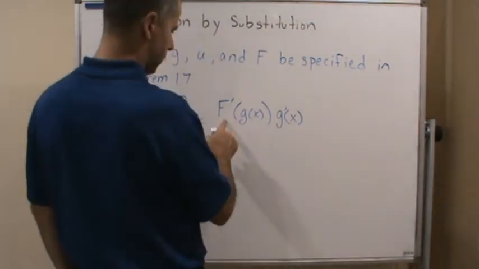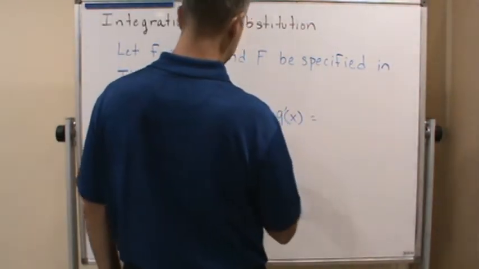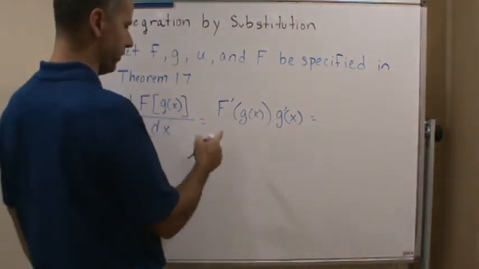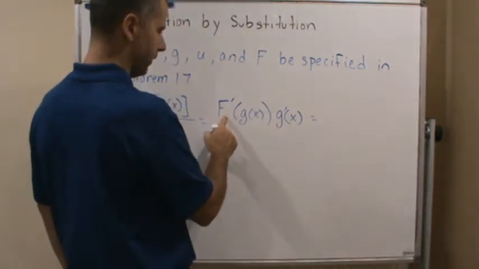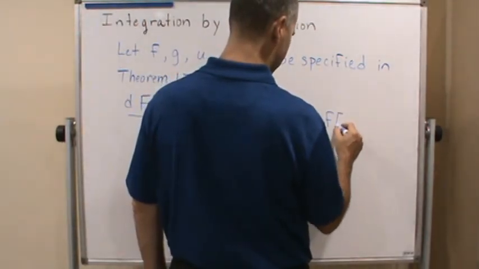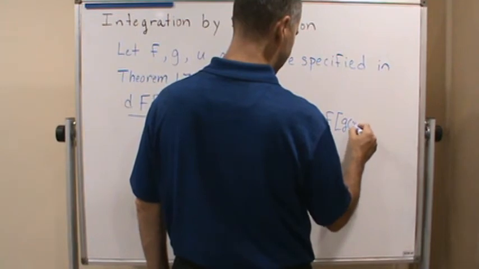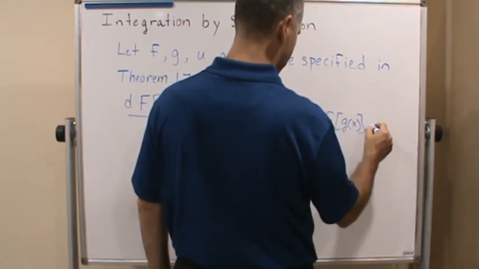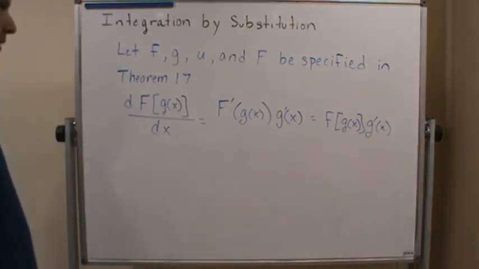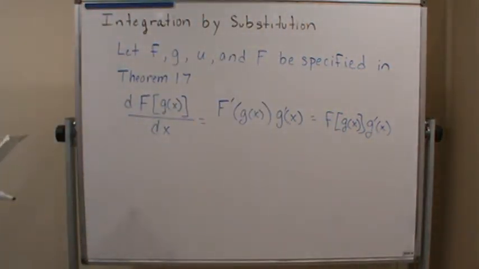And then of course the derivative of capital F is f, because f is the antiderivative, so the derivative of this will give us f of g of x times g prime of x. Okay? So far that's what we have.